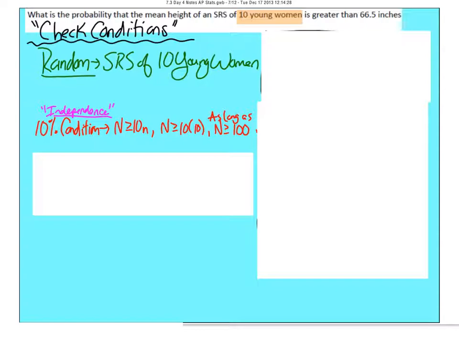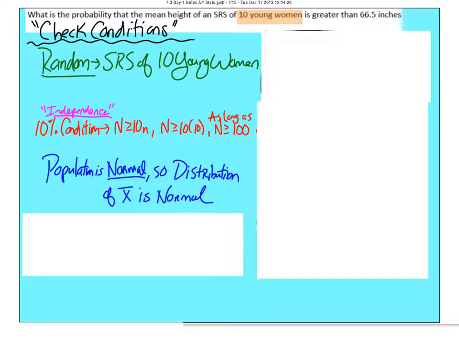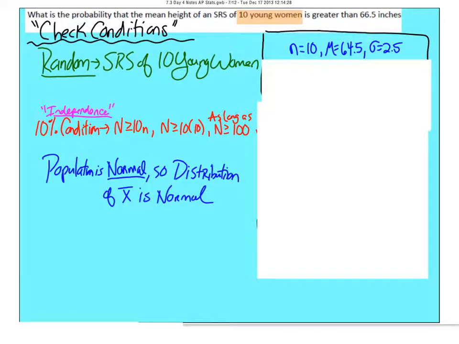Now, let's talk about, is it normal? Well, the normal condition on this is easy. The population is normal, so the distribution of x bar is normal. And we are good on that. So since I've checked the conditions, I'm actually going to get the various statistics that I need. Some key statistics, the sample size is 10.